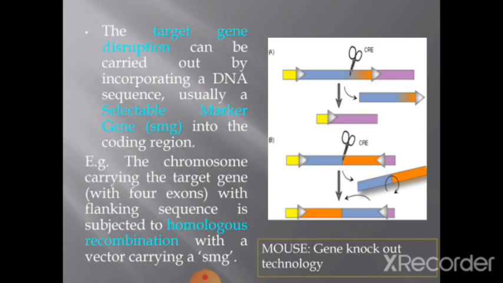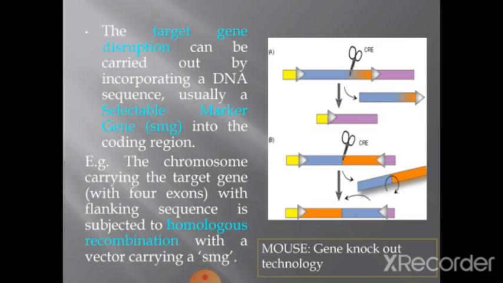What exactly is done here is the chromosome carrying the target gene with exons. By now we must be knowing exons and introns. So with exons and with flanking sequences, this is subjected to homologous recombination with a vector carrying an SMG or selectable marker gene. The homologous recombination results in gene knockout.